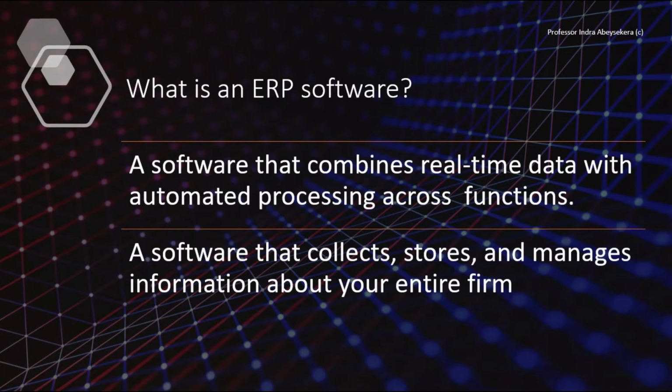These functions can be thought of as functions within the enterprise and functions that are within and outside the enterprise, where the interactions take place. This software collects, stores, and manages information about the entire firm.